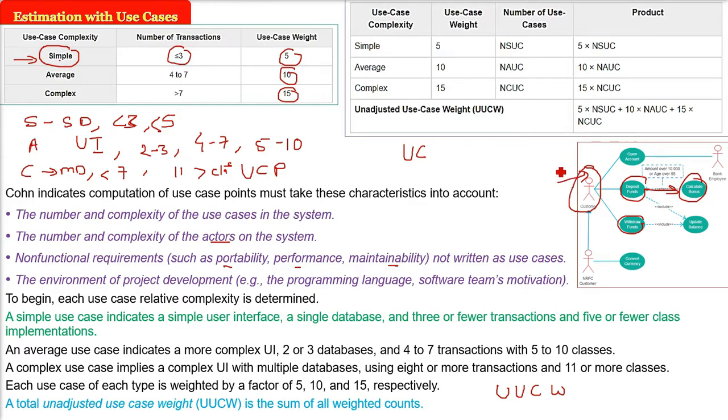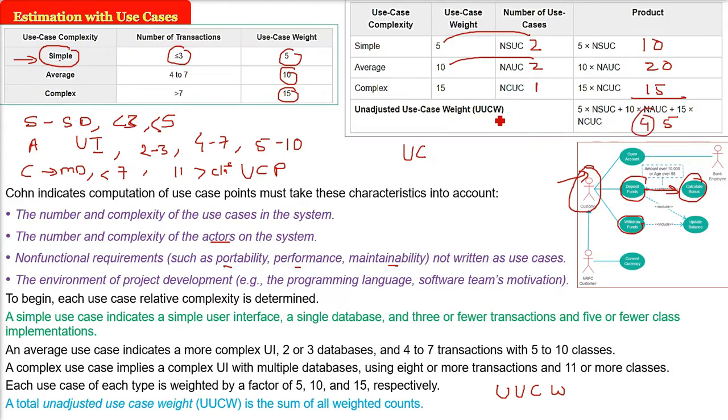For example, your project has 2 simple use cases, 2 average use cases, and 1 complex use case. I am taking an example. So you multiply 5 into 2, you get 10, 10 into 2, you get 20, 15 into 1, 15, and you just add them. What do you get? 10 plus 20 plus 15, so 45 will be the UUCW.